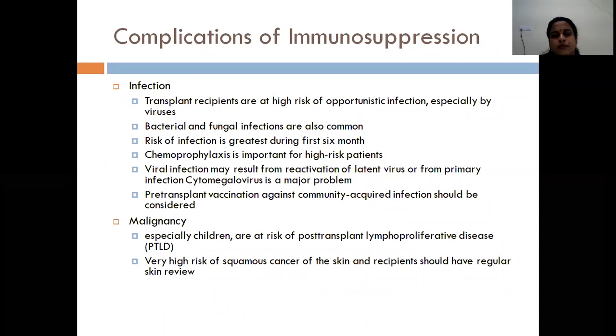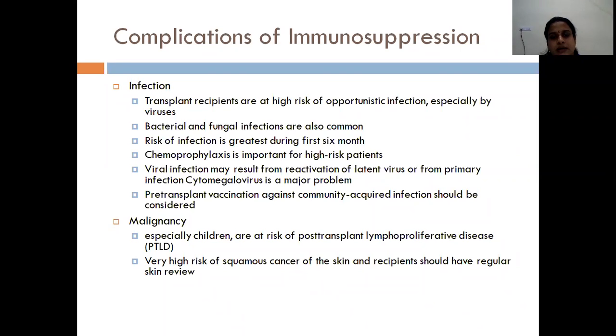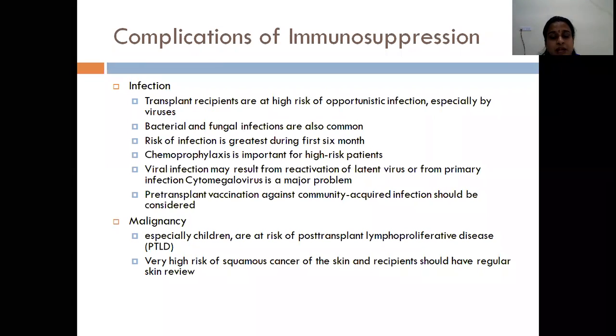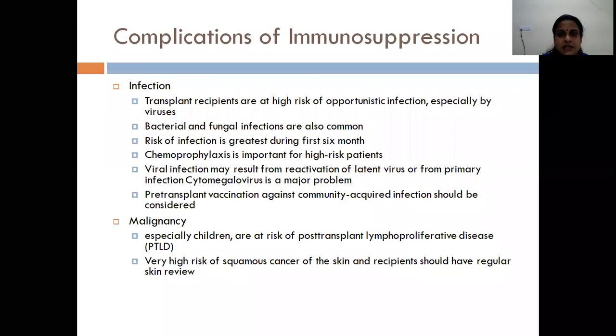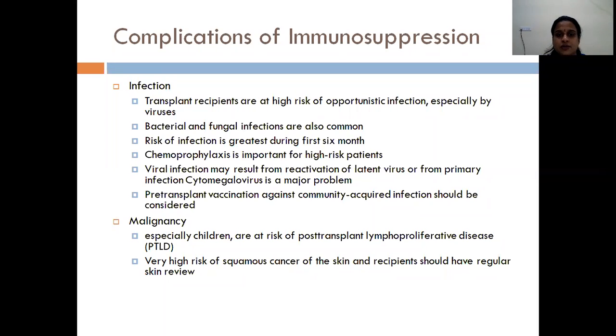The most important viruses that play a major role are cytomegalovirus, or reactivation of the varicella zoster leading to herpes zoster. Usually this is not seen in adults, but it may be seen. You have to have an idea of the reactivation of a latent virus.